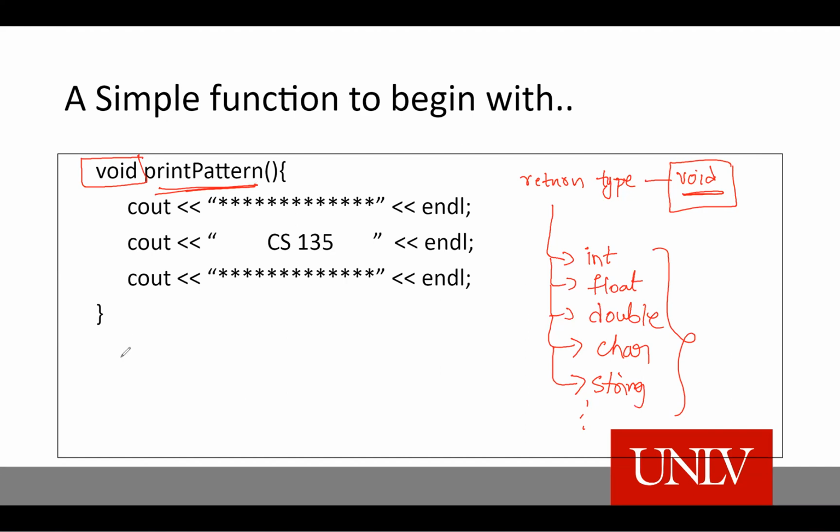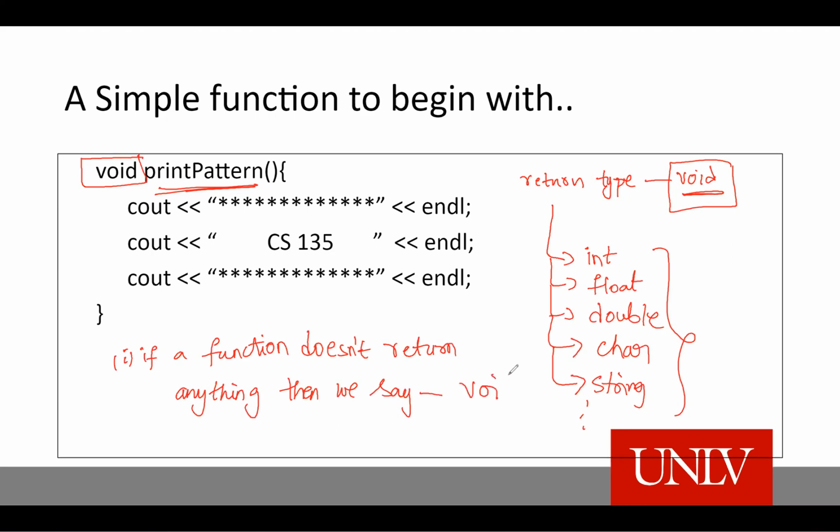So the first thing that we are learning in this slide is that whenever a function doesn't return anything, then we say void for the return type.